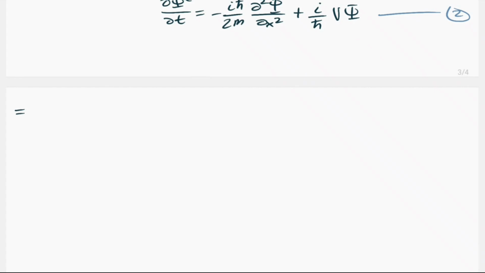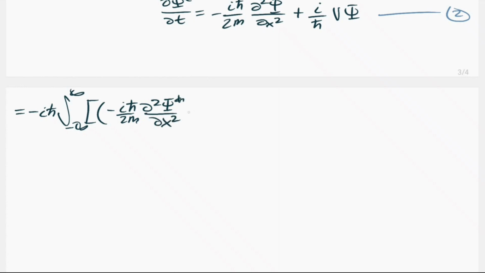Okay, so if we do that, that is equal to negative i h bar integral from negative infinity to infinity, and then we start a big bracket. I'll do a little parentheses, negative i h bar over 2m, plugging in, d squared psi star dx squared, plus i over h bar, potential V, our wave function, but this is the conjugate, and then we have d psi dx multiplied there.